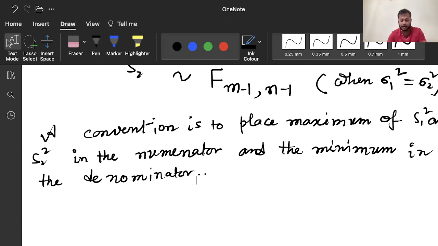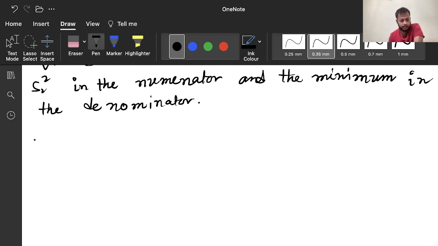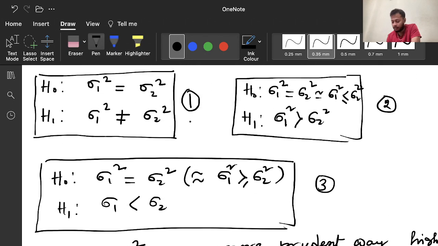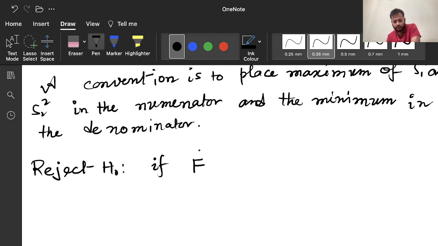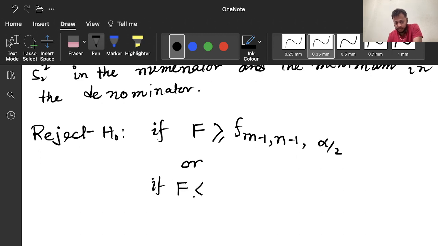And the test is to reject the null hypothesis if F, for number 1, is greater than F of m minus 1, n minus 1, alpha by 2, or if F is less than or equal to F of m minus 1, n minus 1, comma 1 minus alpha by 2.